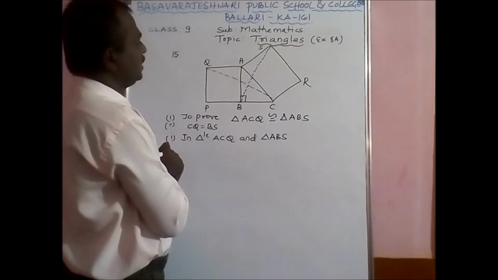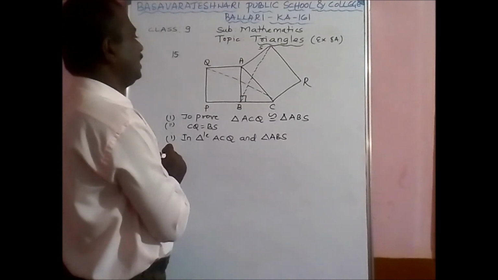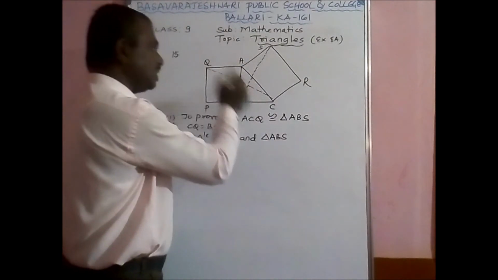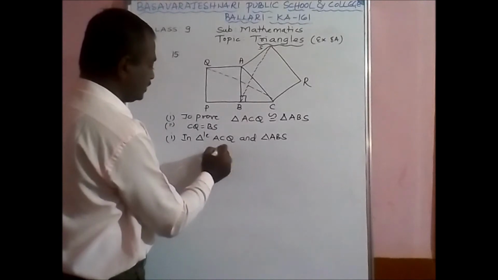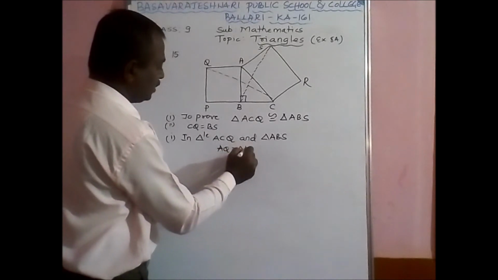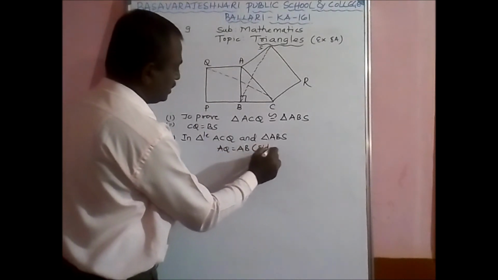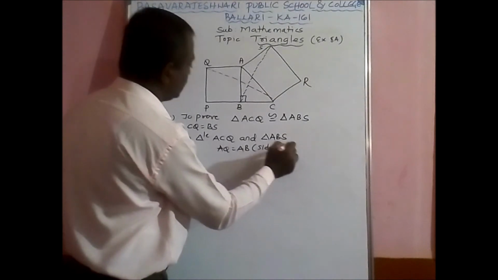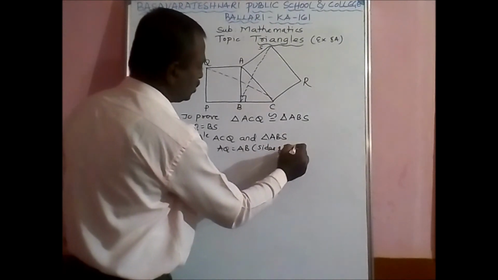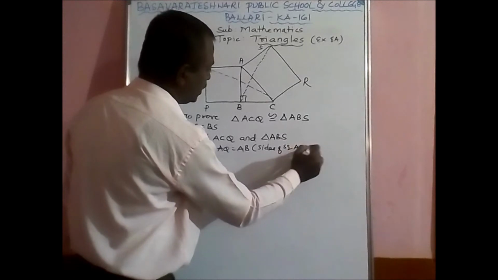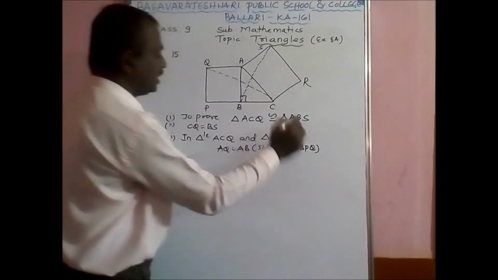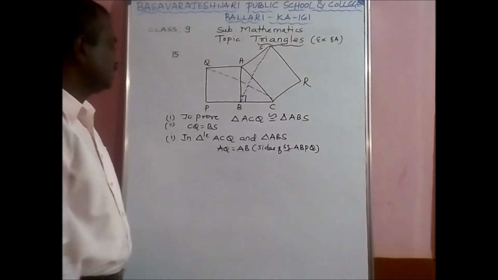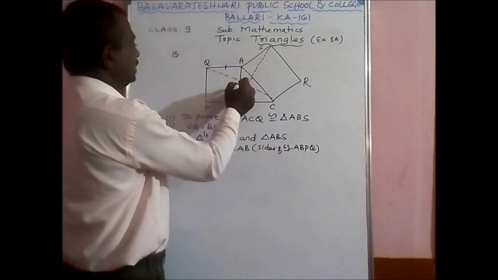AQ is equal to AB. These are sides of the square ABPQ. Correct? So these two sides are equal, over.